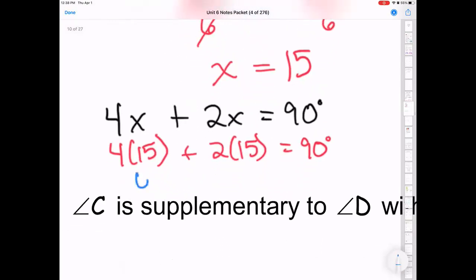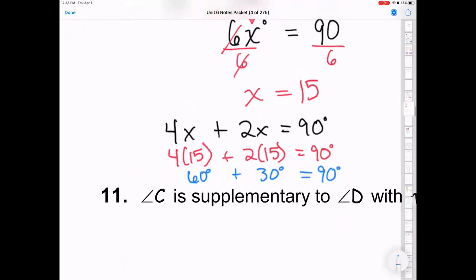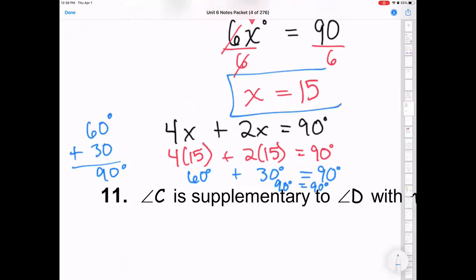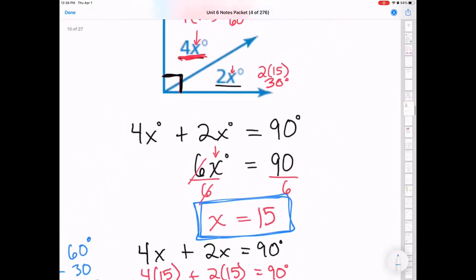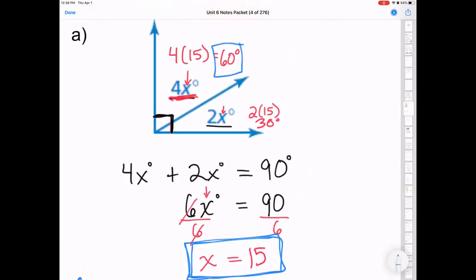So earlier we found this to be 60 degrees plus 30 degrees. When I combine those together, yes, we do in fact get 90. Okay, so if we add these together, you do get 90 degrees. So 90 is equal to 90. We have correctly solved for x as a result. And on top of that, we have found our 2 angle measures, okay? 60 is one of them, 30 is the other.